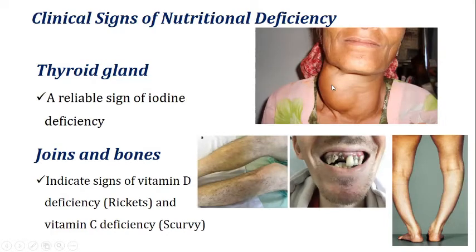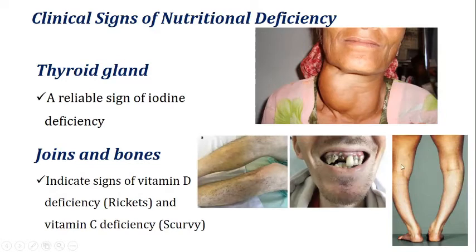Okay, then joints and bones. Irregularities and malformed joints and bones show scurvy and rickets. This is due to vitamin D and vitamin C deficiencies, and it also has an influence on calcium, magnesium, and zinc deficiencies.